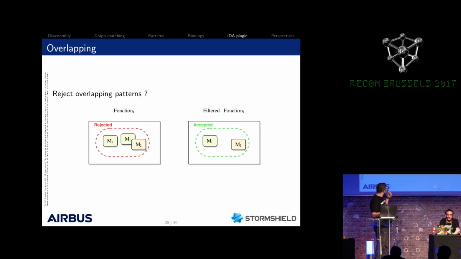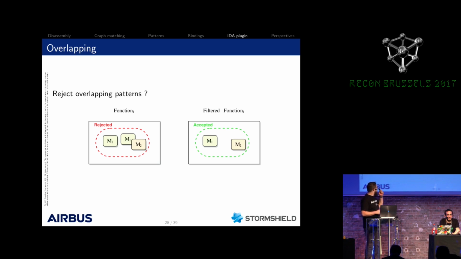In the example at the left, we have 2 matches of the first pattern and 1 of the second. There is an overlapping between the first and the second. So if we remove pattern number 1 for the overlapping, we have valid matches at the right. So we can say, okay, it's our function.